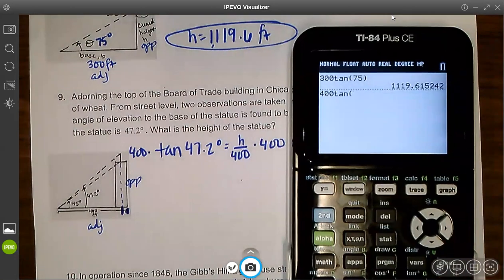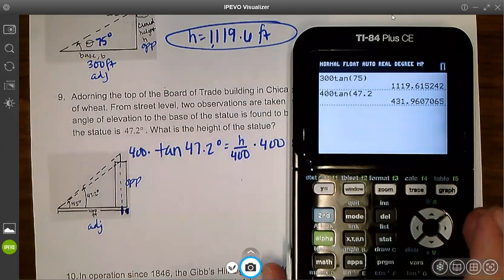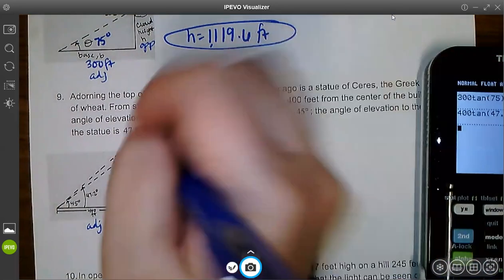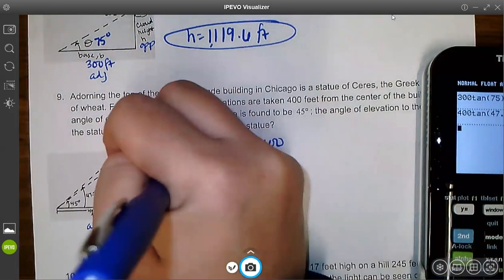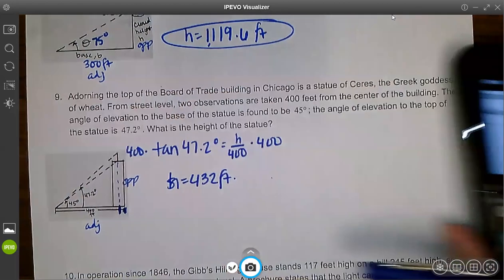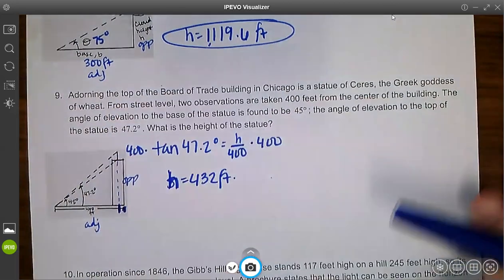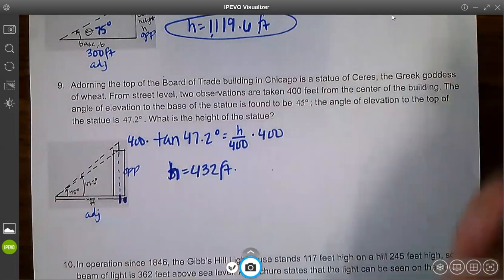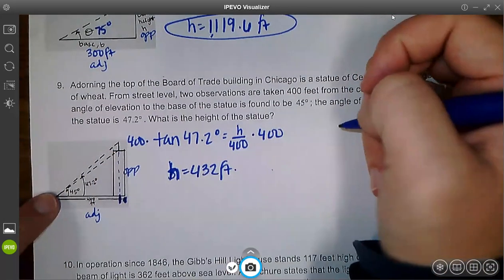400 times the tangent of 47.2 is 431.96. I'm going to round that to 432. And then I'm going to do the same thing to find the height of just the building, except I'm going to use the angle of 45 degrees.